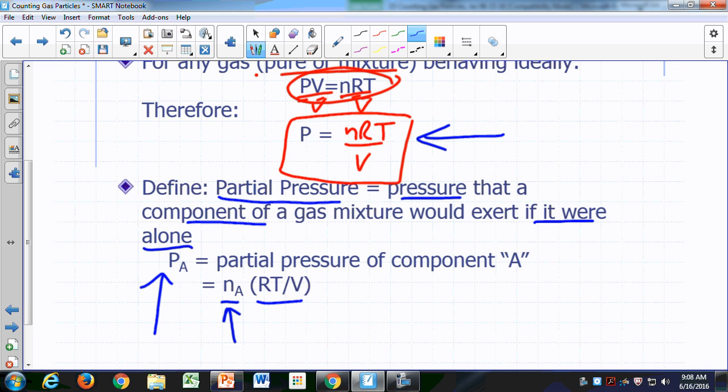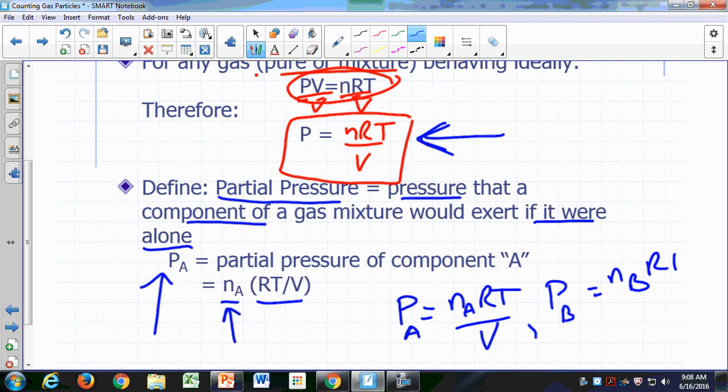So partial pressure of component A, as you can see, would just be n sub A RT over V. So it's very similar to the formula for the total pressure. Partial pressure of component B would be moles of B times RT over V. So that would be the formula for partial pressure.